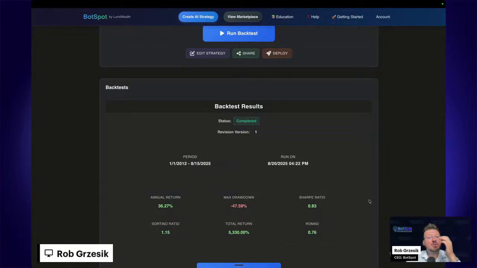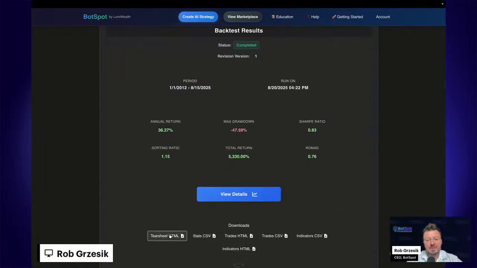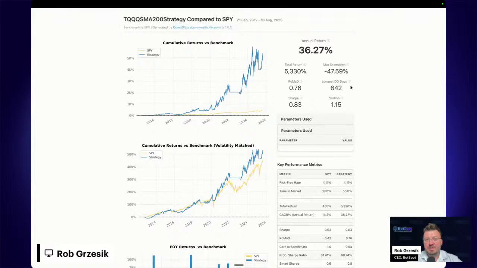Right, it's a very simple strategy. It does like 36% a year. It's not like crazy mind-blowing returns, but we have a very long track record on it. So we backtested it for 13 years, and we got some pretty damn good results. Look at this. 36% a year, total return is 5,000%.